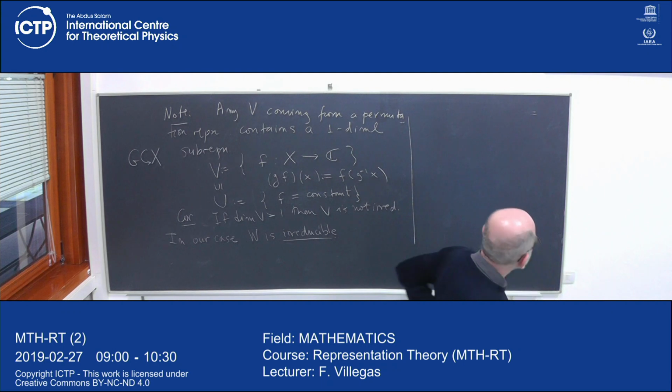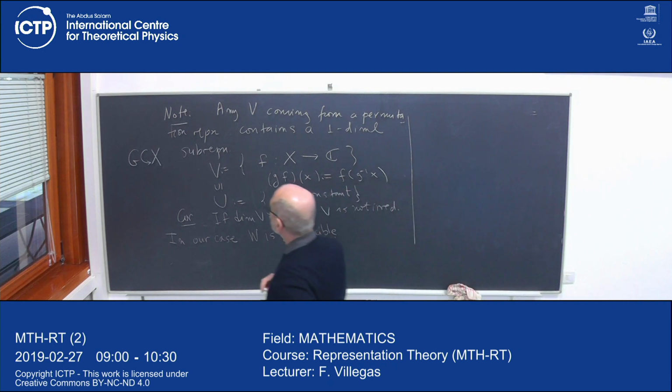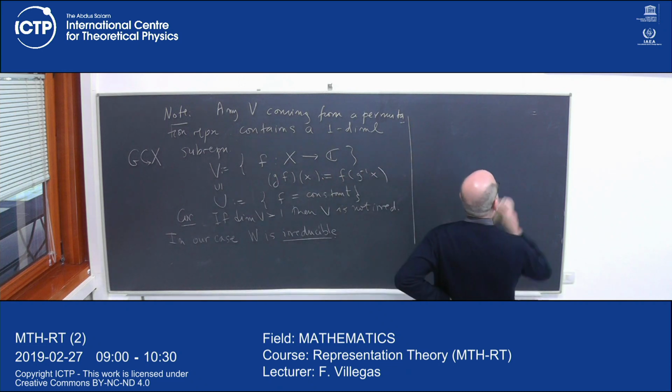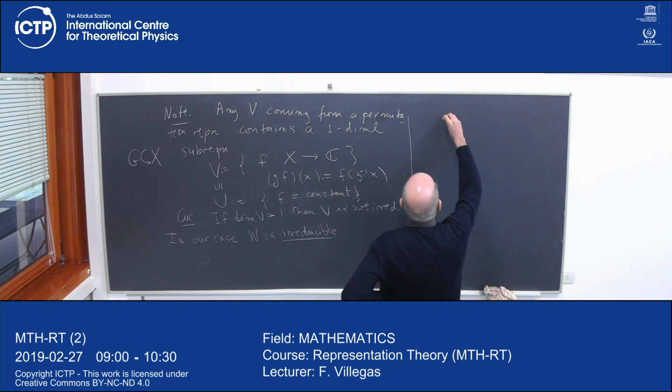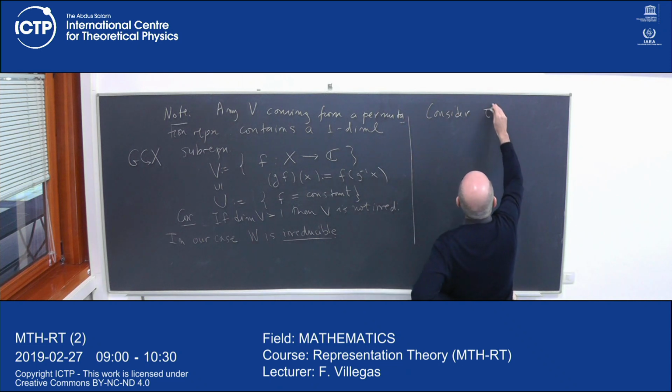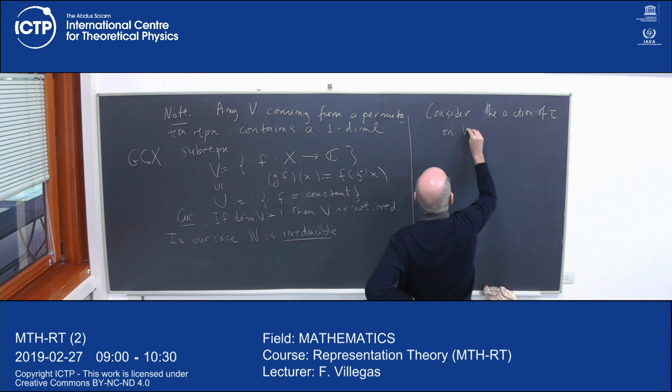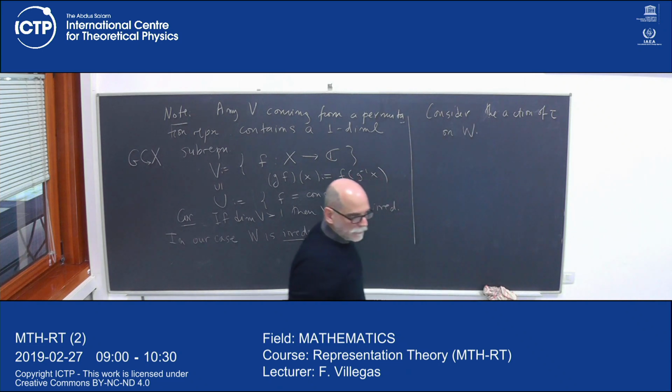Okay, but let's analyze this W a little more than just proving it's irreducible. So consider the action of tau on W. Tau is an element of order 3.